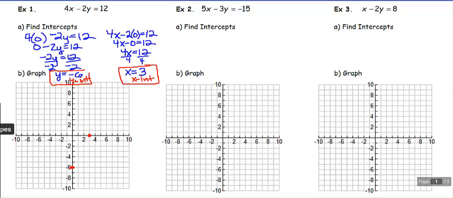And now I'm going to draw my line in. And there's my line. And I'll put some arrows at the end. And there it is. So when we're graphing standard form, we find both the x and the y-intercepts, and we're able to draw that line in.